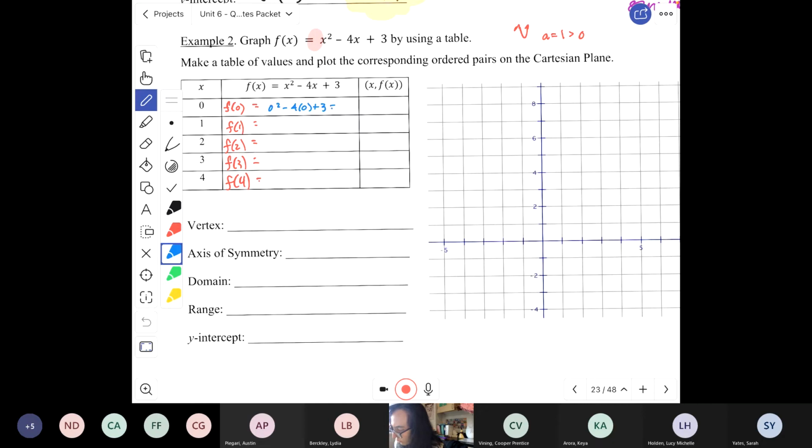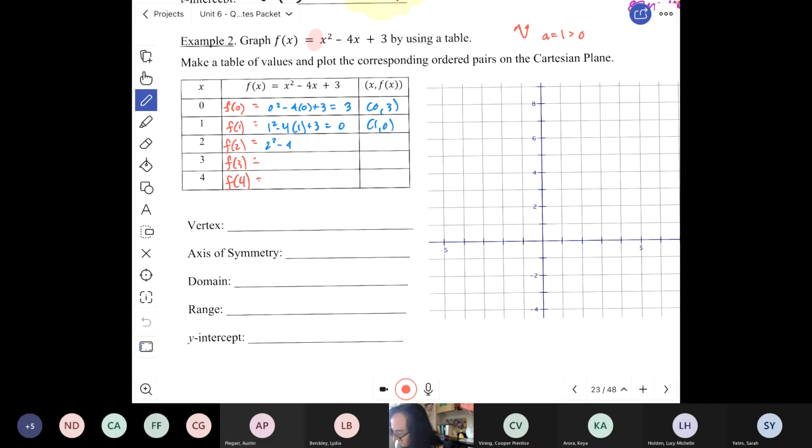For X equals 0, what do I have as the output? 3. Giving me this point. What about if I substitute in 1? What is the output? 0. Okay. I have another ordered pair on the graph of the parabola.